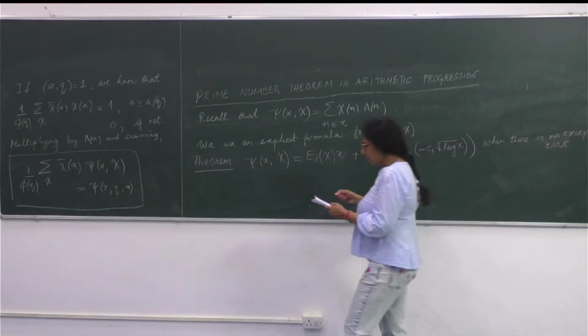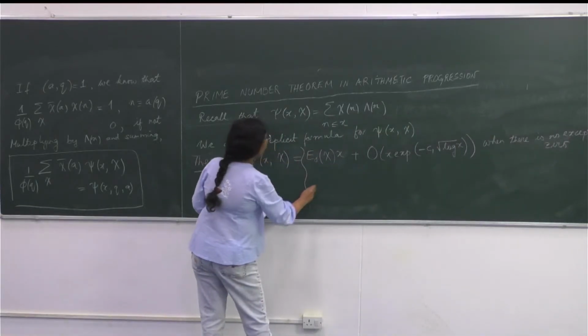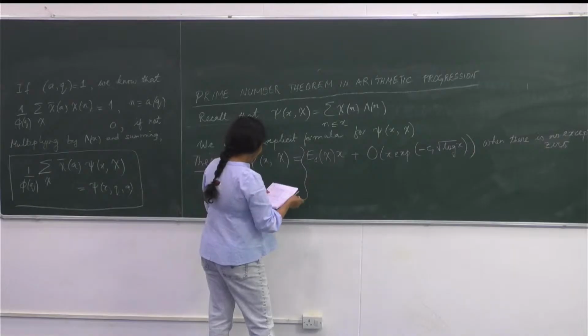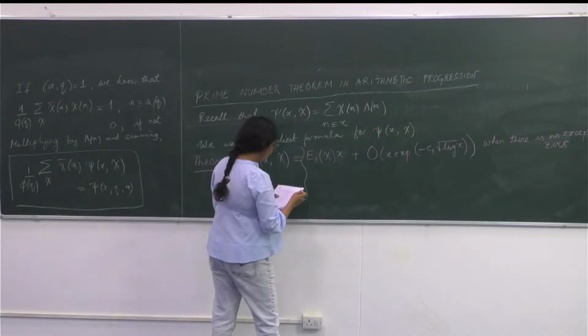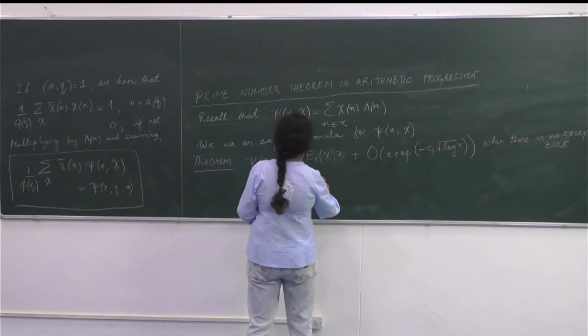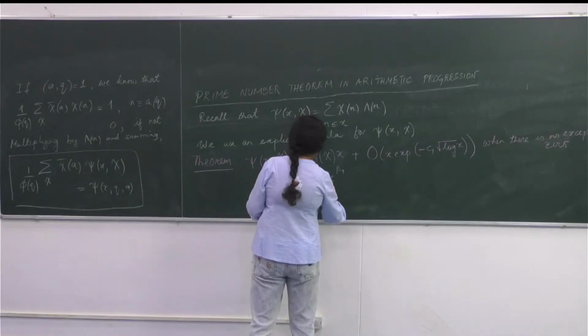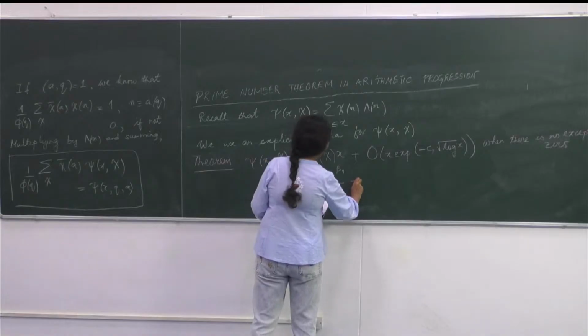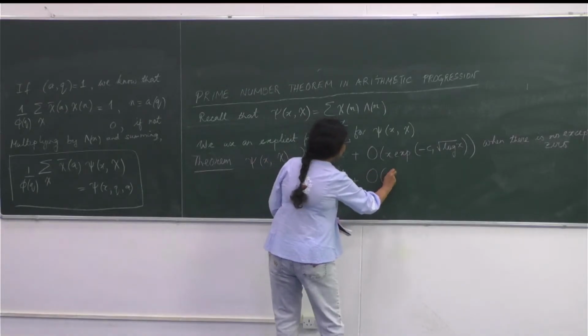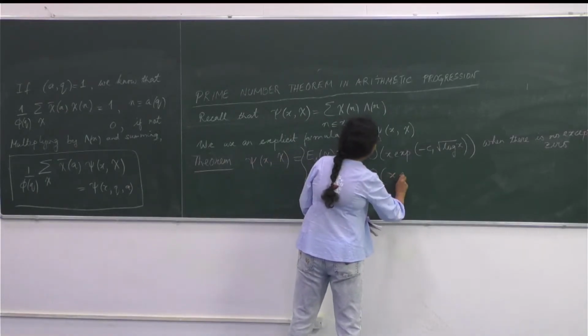And when there is an exceptional zero, we get this to be equal to minus x to the beta 1 by beta 1, plus the same error. The exceptional zero is called beta 1 often.